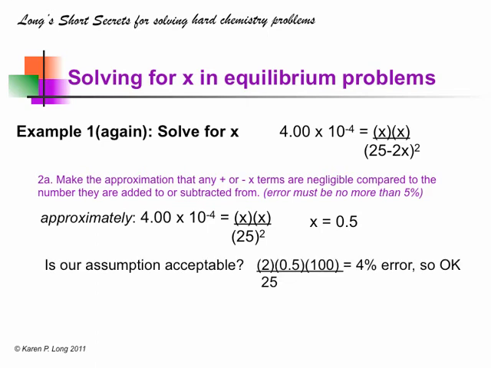We check that by saying the x is 0.5 times the 2, because we had a 25 minus 2x, divided by 25, that's the number it was subtracted from, times 100 for percent, gives us a 4% error. That's under 5%, so it's okay. So this works too.